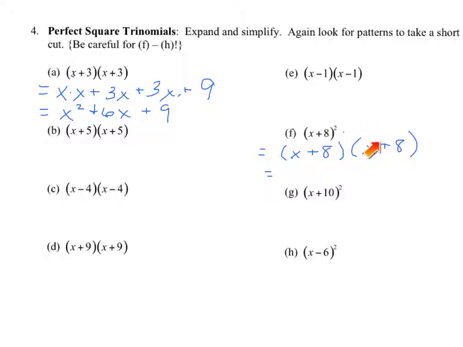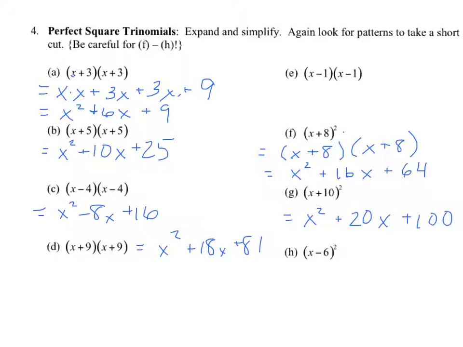So you're going to have a couple more terms than you would have had if you had just squared the first and last term. So when you simplify this, you'll end up with x squared plus 16x plus 64. I skipped some steps there. Make sure you can fill those in and see that. And go ahead and finish some of these other ones. Push pause on the video.